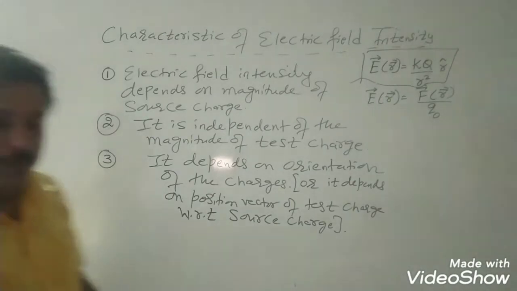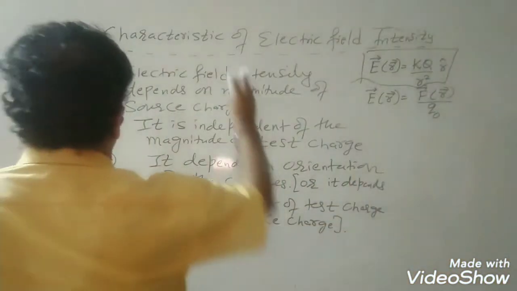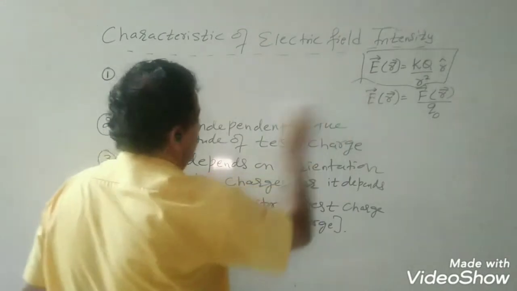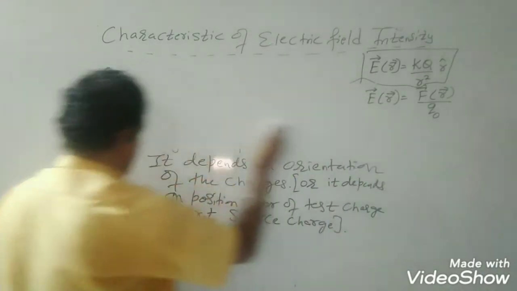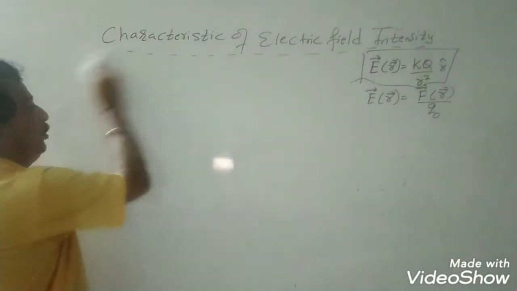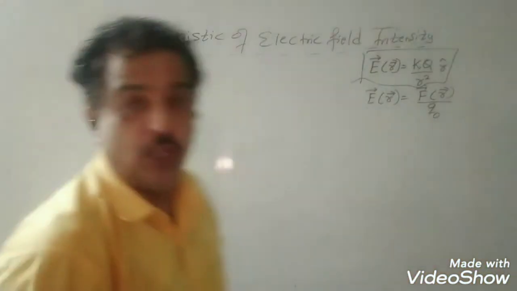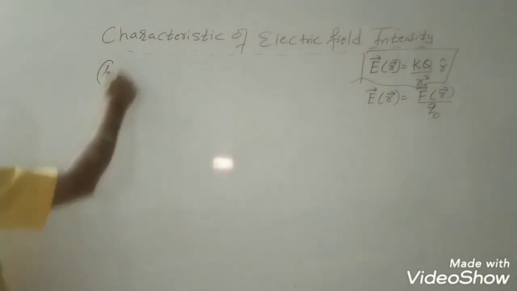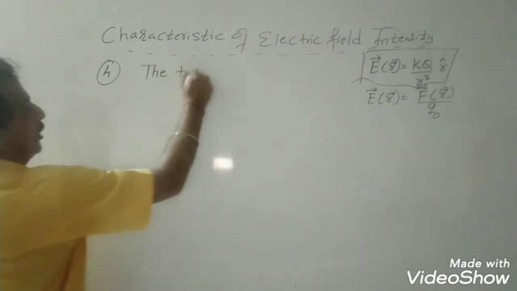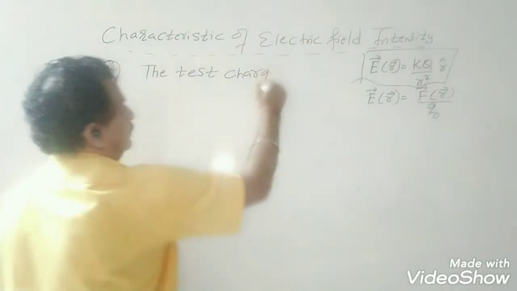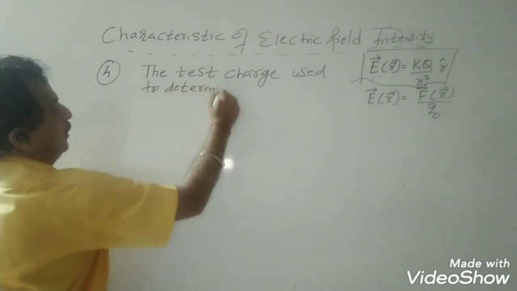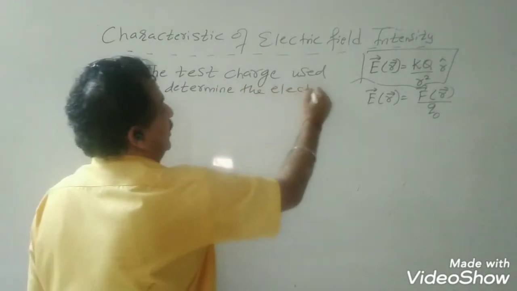Now the fourth point, which is very important for us, and we are using it again and again: the test charge should be as small as possible. So to determine the electric field intensity, the magnitude of test charge should be as small as possible. So let me first write this point. The test charge used to determine the electric field intensity.